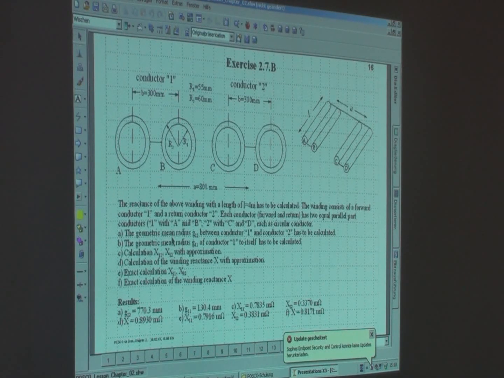G11 is 96, so it's therefore 1 millimeter. So then we have G11. The next step we have to do for reactance calculation is G11.